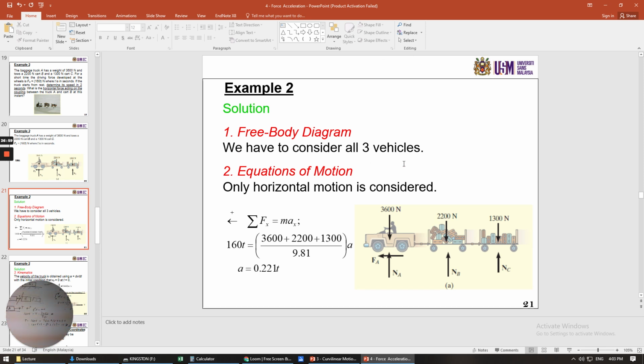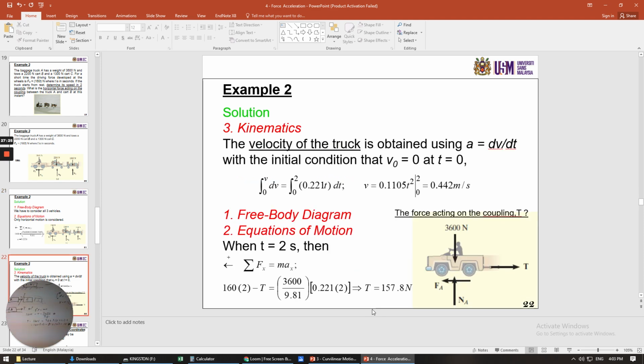We have to consider all three vehicles, because we want to know the acceleration of all three vehicles as one system. So that's why M in this case is M total. We sum up all the weight divided by 9.81, the total mass. So we get A, the acceleration, equals 0.221 t.